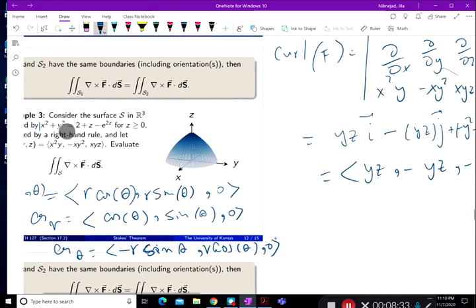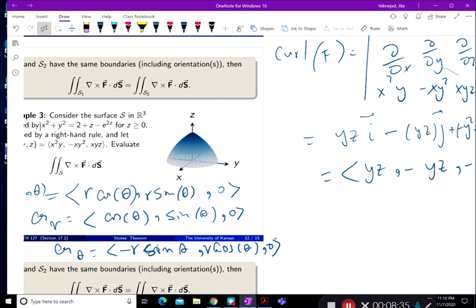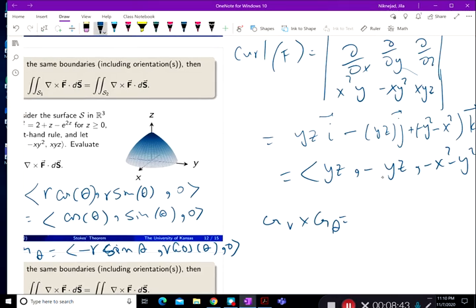The cross product g r cross g theta will give you r cosine squared plus r sine squared, so it gives you 0, 0 and r.